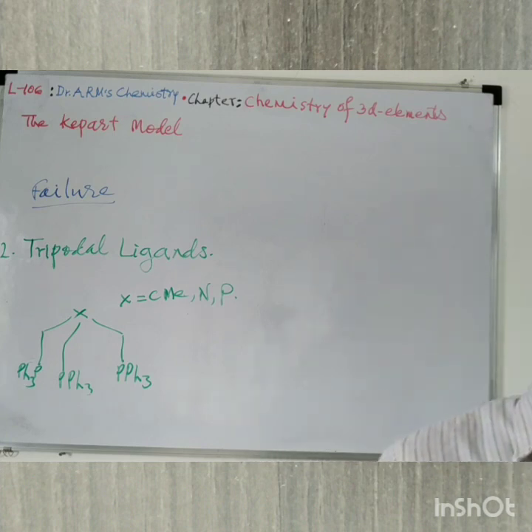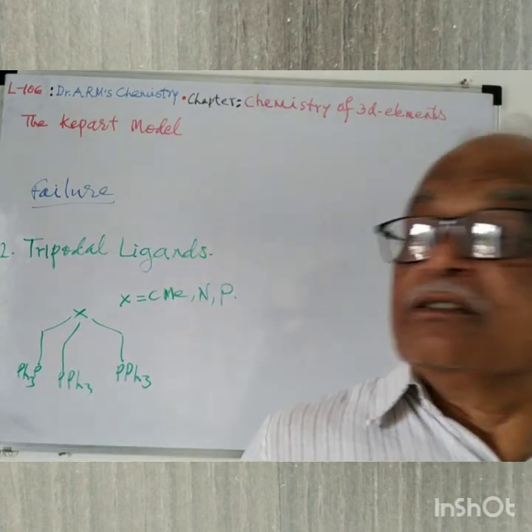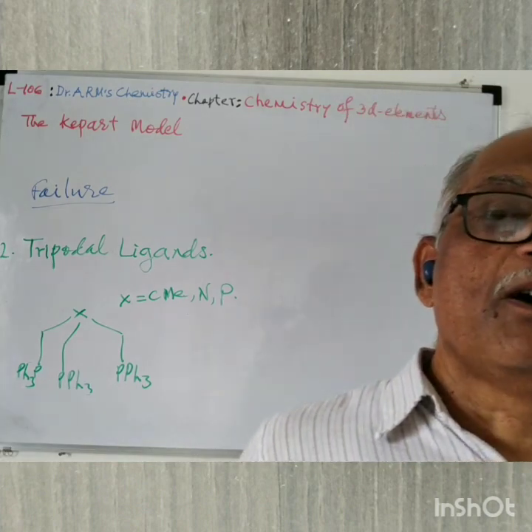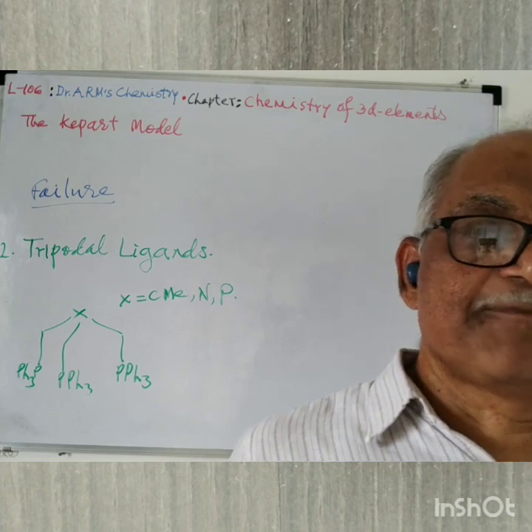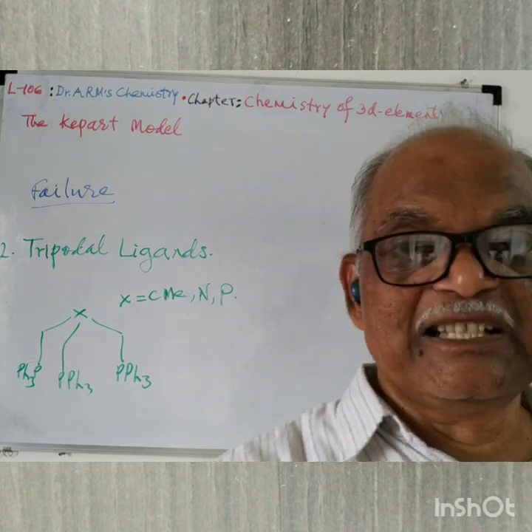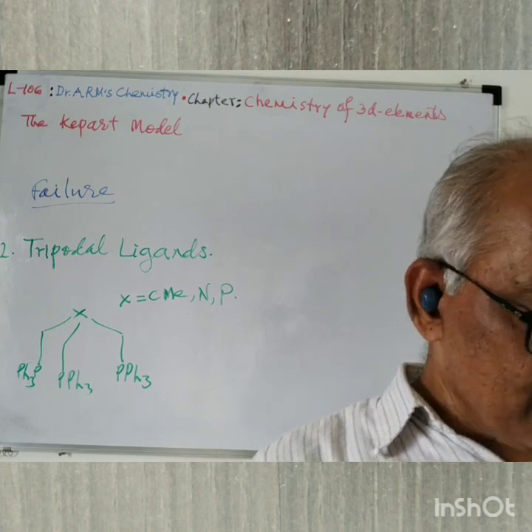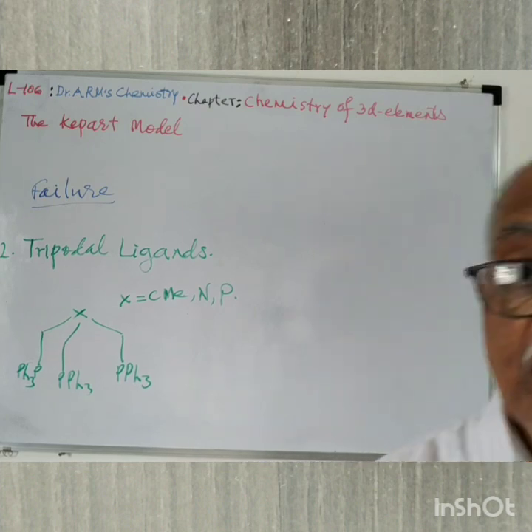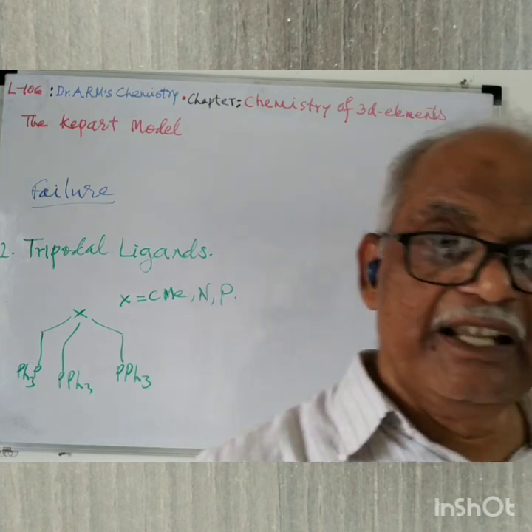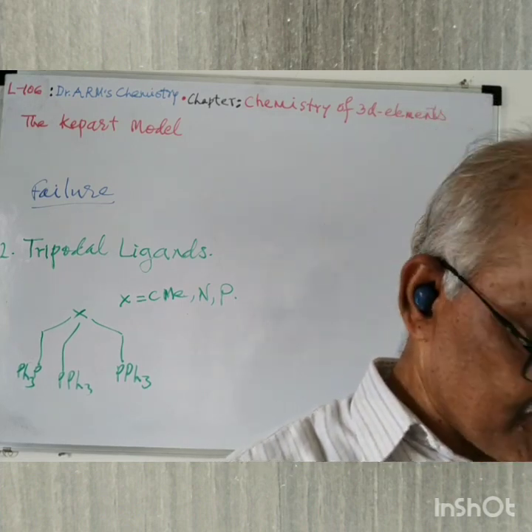Then macrocyclic ligands are less flexible. As we have seen earlier, the porphyrin ring structure, or a number of such ligands, for example EDTA or DMG, dimethylglyoxime, etc., are not as flexible as the open chain structure, as we have seen with CN, C triple bond N, in the case of the Cu(CN)3 2 minus complex.